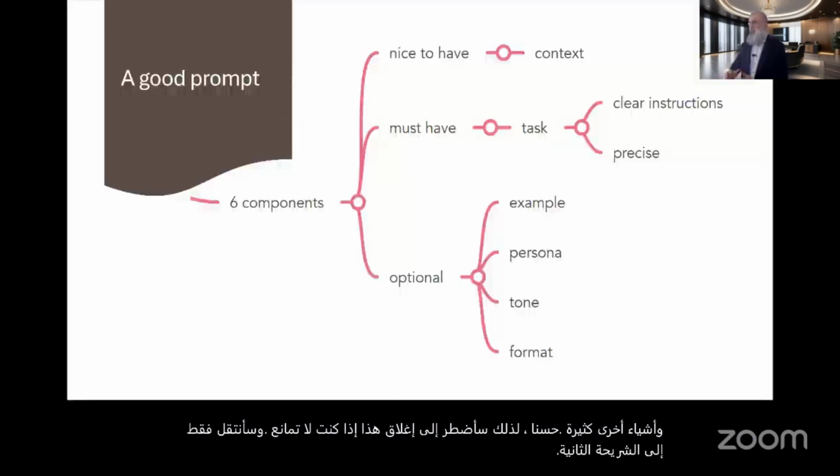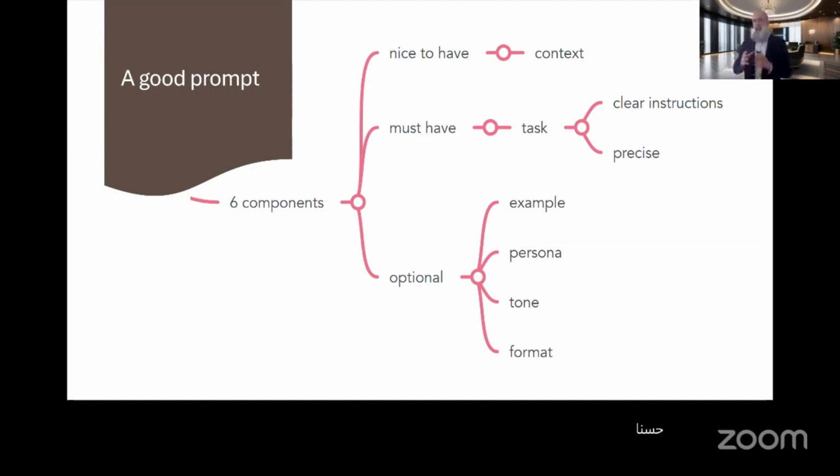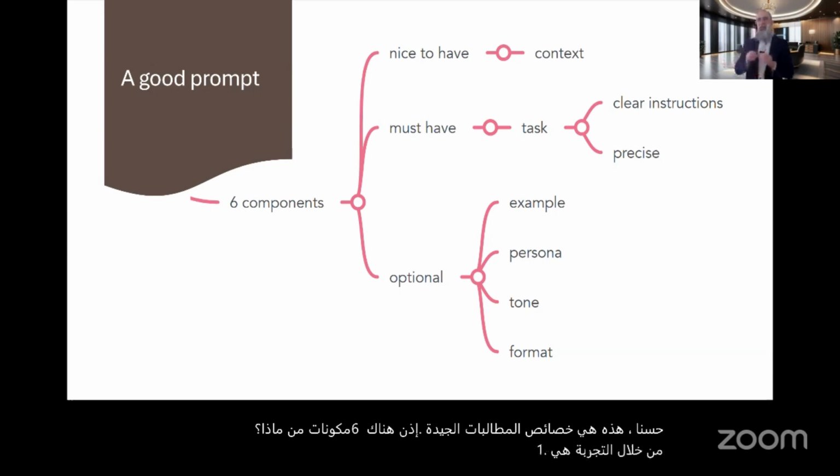Okay. Now these are good prompt characteristics. From experience, there are 6 components. The first and most important thing is the task, and this is a must-have.